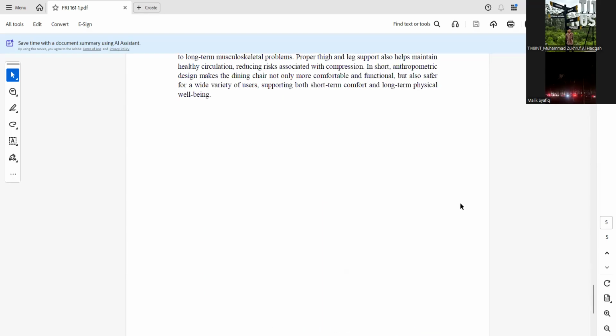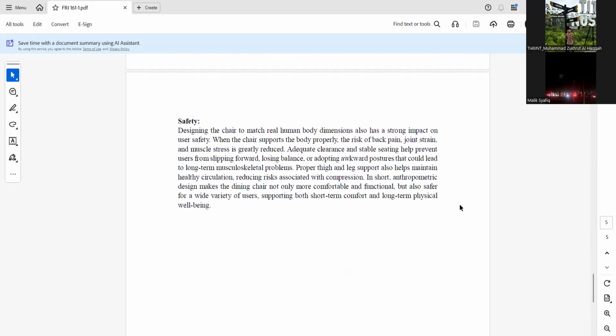And for the safety, by designing this chair according to human body dimensions, it could reduce the risk of back pain, joint strain, and muscle stress. It would also prevent the user from having accidents such as losing balance or stepping forward, and from adopting awkward postures that could lead to long-term musculoskeletal problems.